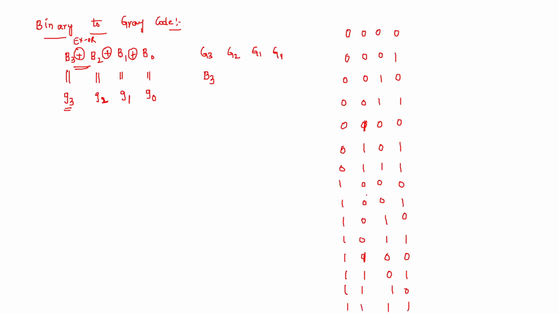In this way, I have written the binary numbers. This is my B3, B2, B1, and B0.